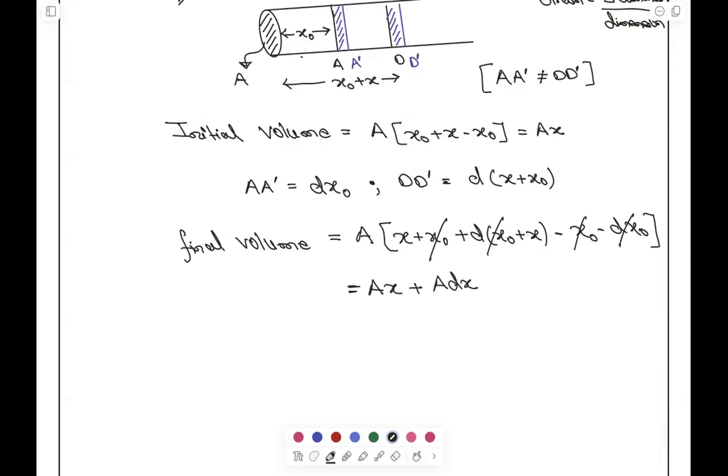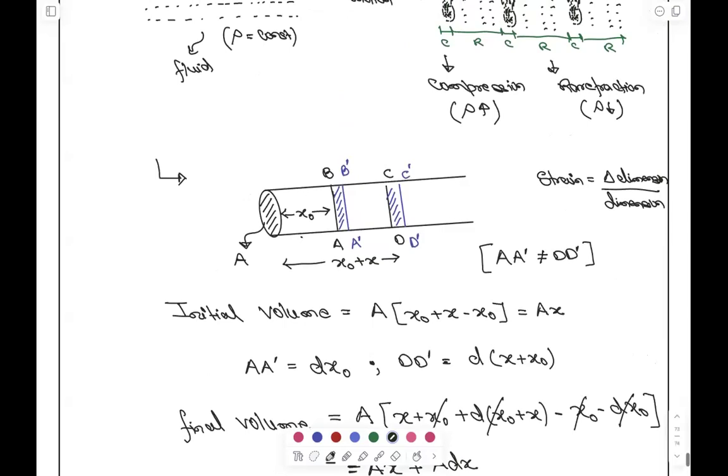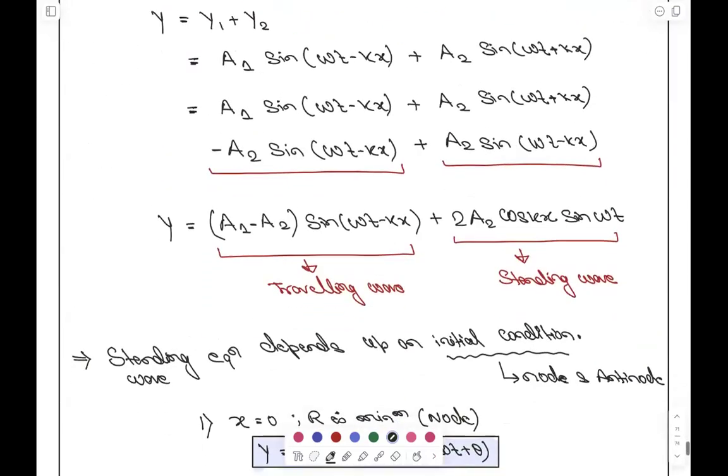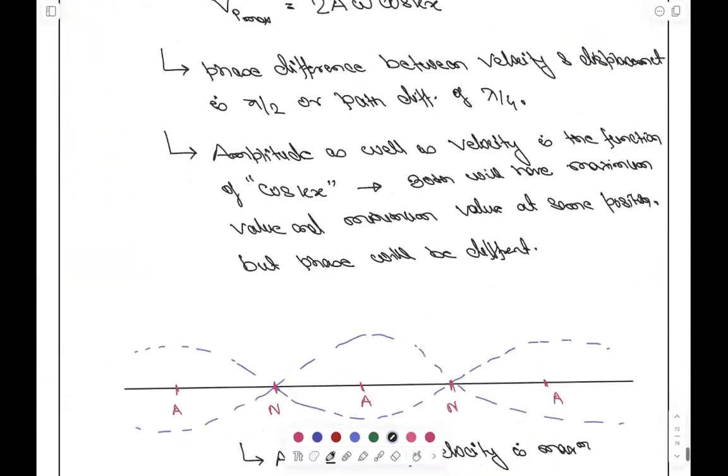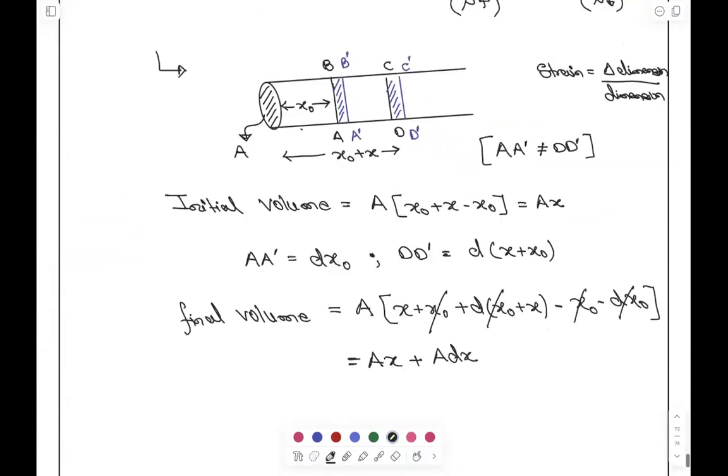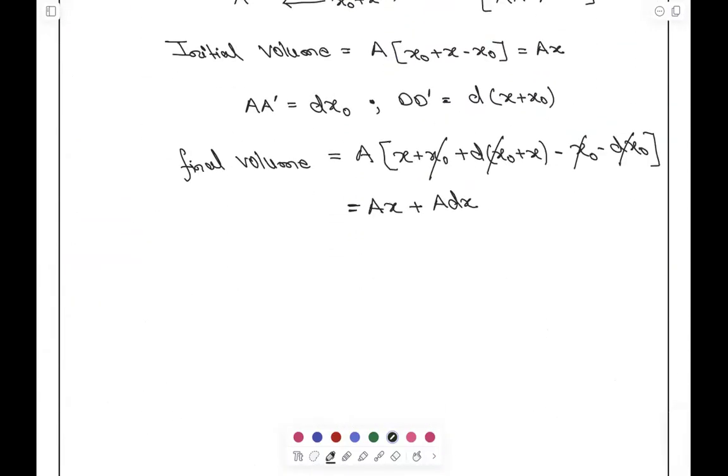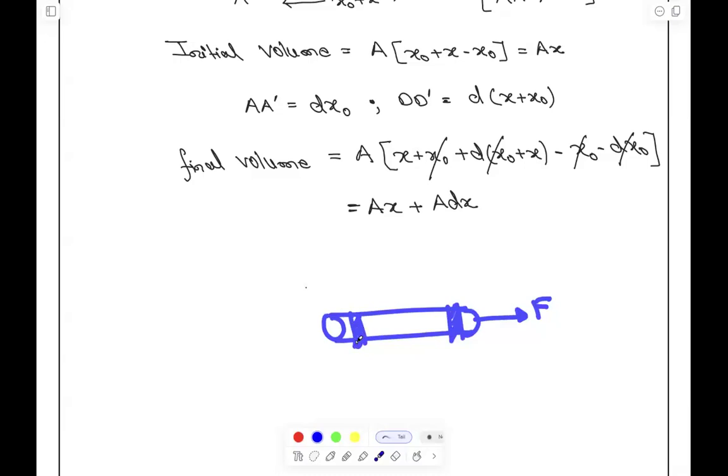Sir, I didn't understand why a dash and d dash are not equal. Listen. When we apply the force, the change in length at different positions is different. For example, if this is my rod and I apply force here, the change here and the change here will be the same or different?